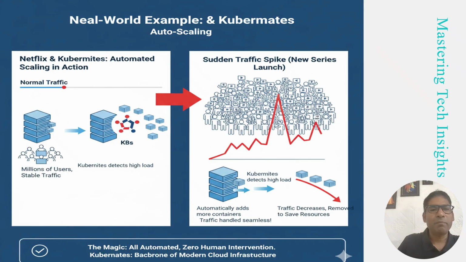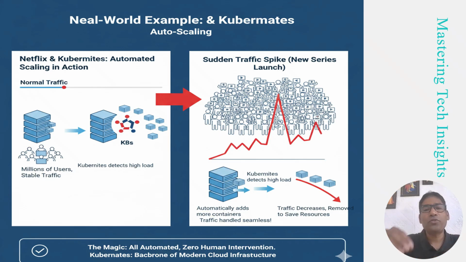For a real world example, think about Netflix again. Millions of people start watching a new series. The traffic spikes suddenly. Kubernetes automatically detects the load and adds more containers of that service to handle the traffic.